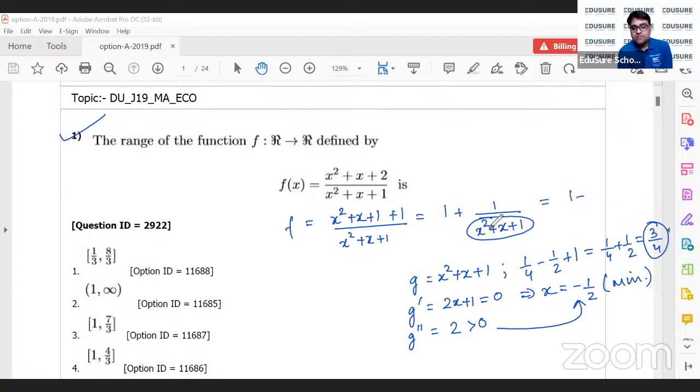So 1 plus 1 by 3 by 4 basically becomes 1 plus 4 by 3, which is 7 by 3. So when will this expression achieve its maximizing value? Sorry, the minimum value for x square plus x plus 1 will occur at 3/4, and the maximum value for f will occur when x is equal to minus half, and the value is 7/3.